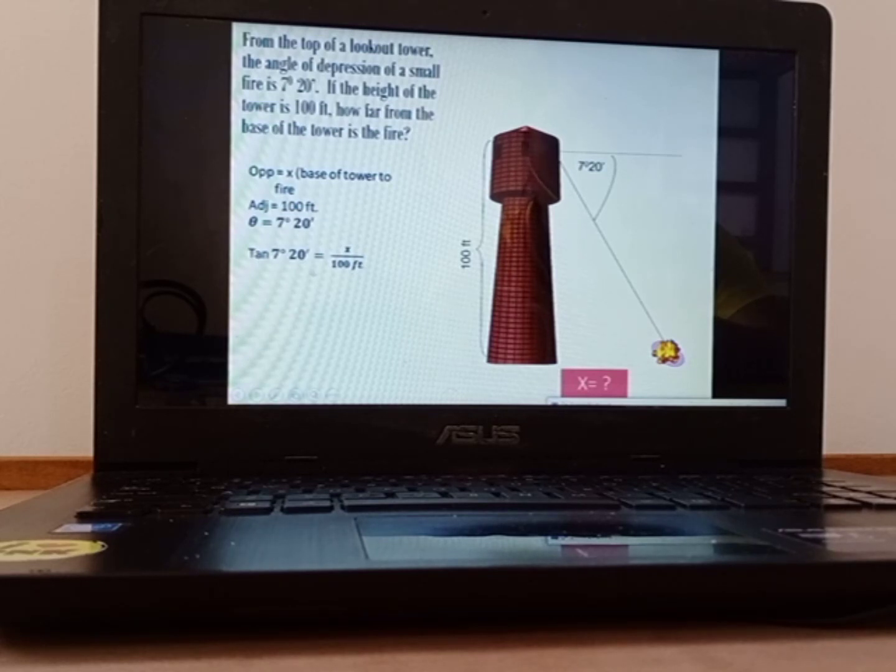Cross multiplying, we have 100 tangent 7 degrees and 20 minutes is equal to the distance between the fire and the base of the tower. So x is equal to 100 tangent 7 degrees and 20 minutes, which is 12.86 feet. Therefore, from the fire to the lookout tower, the distance is 12.86 feet.